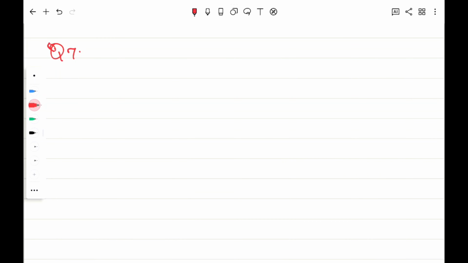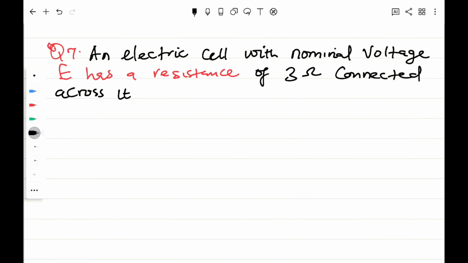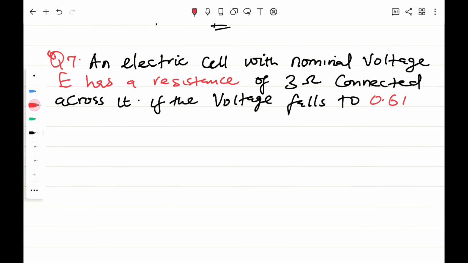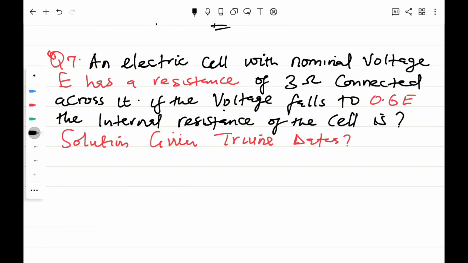Question 7 now. It reads: an electric cell with nominal voltage E has a resistance of 3 ohms connected across it. If the voltage falls to 0.6 E, the internal resistance of the cell is? So solution: let's take the given data from this question using the tabulation method.